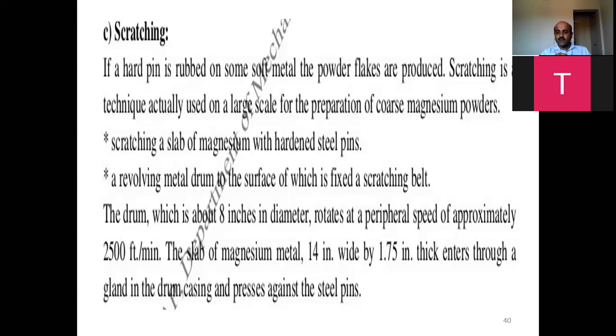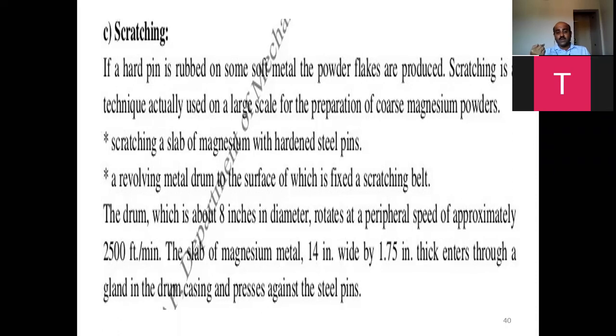You can understand the meaning of the word scratching. When a hard pin is rubbed on some soft metal, you are going to get flake-like powders. Flake powders are produced, and this kind of method is used on a larger scale for preparation of coarse magnesium powder.